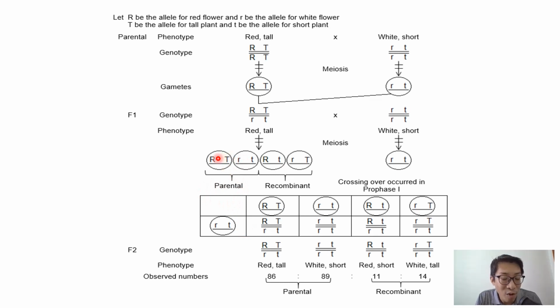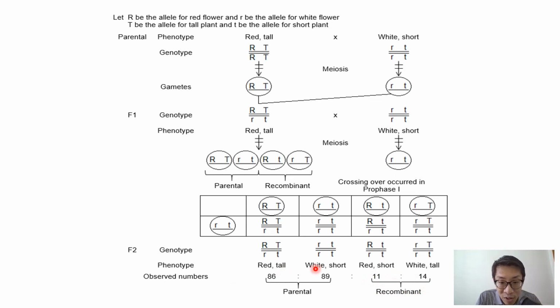Again, for autosomal linkage, one of the features is that these 4 gametes are not of equal proportion. The parental gametes are more likely to be formed, and therefore there are more of them, and there are fewer recombinant gametes. So that corresponds to why there are a lot more parental phenotypes and fewer recombinant phenotypes.